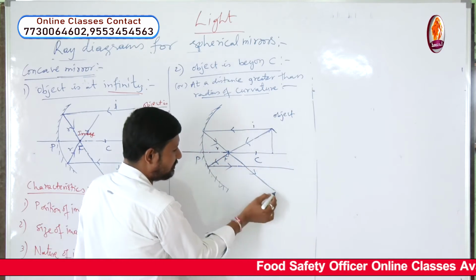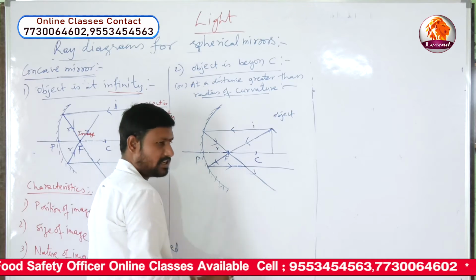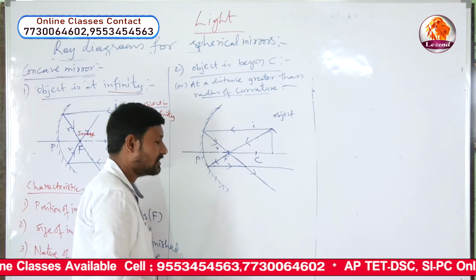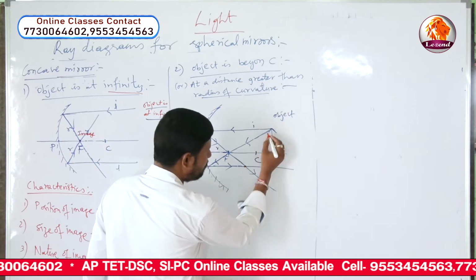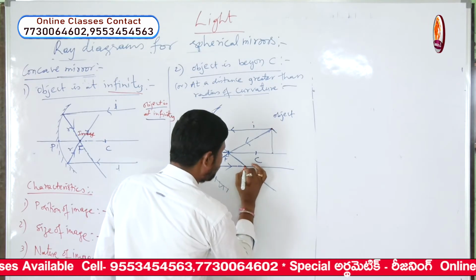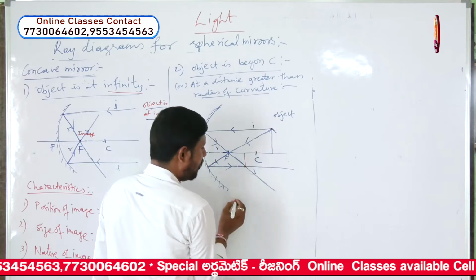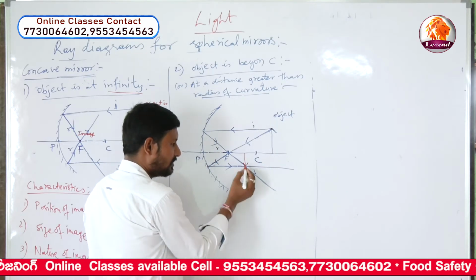This is the first reflected ray, this is the second reflected ray. These 2 reflected rays intersect, meeting at a point where you get the image. So the image will be formed here. This is the image of this point. From this point you have to draw the normal, perpendicular line to the principal axis, and this will be the image, right?